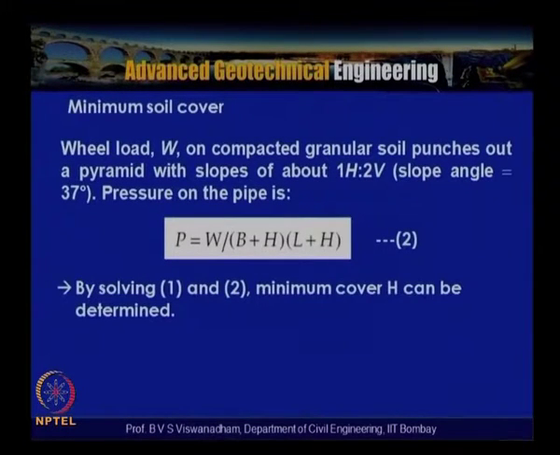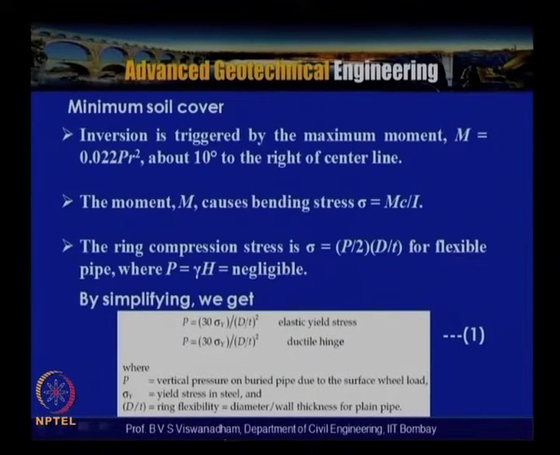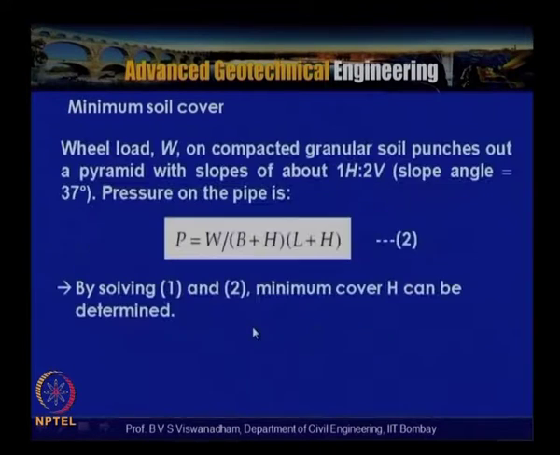And for the minimum soil cover considerations, now we are trying to look at when the wheel load, the live load, is towards the left of the pipe. What we have got is P is equal to 30 into sigma y into d by t whole square, and with that we can now calculate the wheel load W on the compacted granular soil, which punches out a pyramid with slopes of about 1 horizontal to 2 vertical, with the slope angle about 37 degrees.